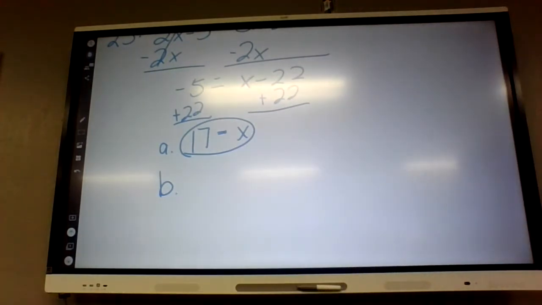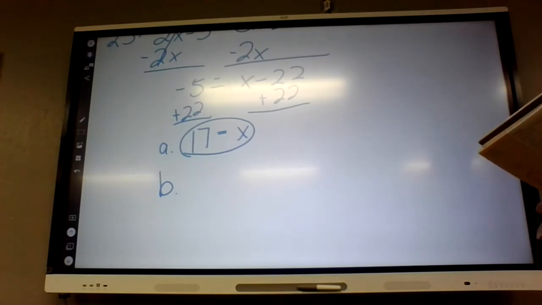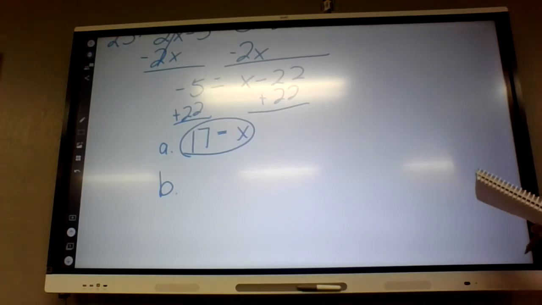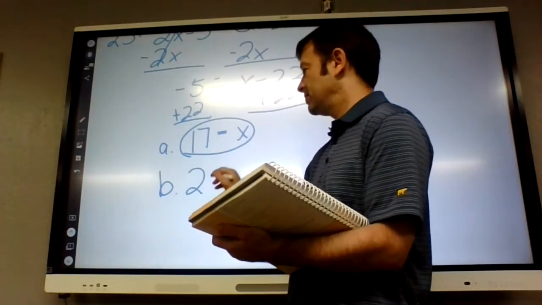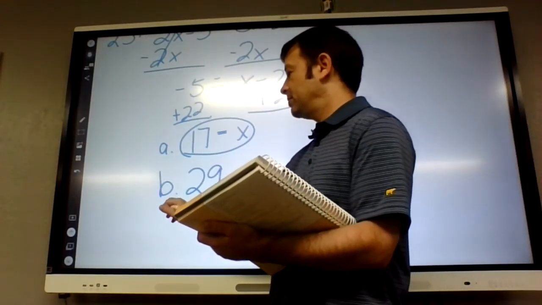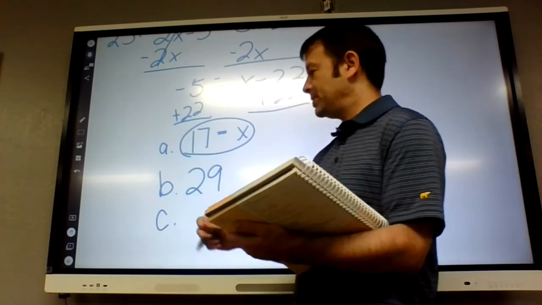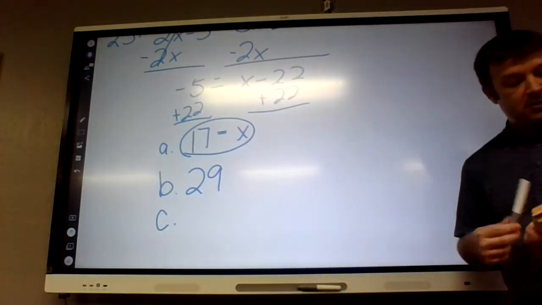So on B, how do I find the measure of angle TUW? Plug x in. So 2 times 17 minus 5. 34 minus 5 is 29. Guess what they're asking for in C?